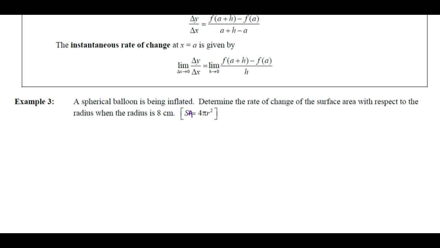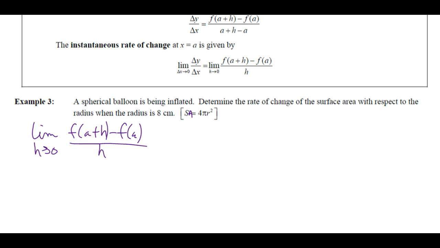I want to make that S, surface area, whatever. The area of a sphere is 4 pi r squared. So the rate of change is a limit as h approaches 0 of f of a plus h minus f of a over h.